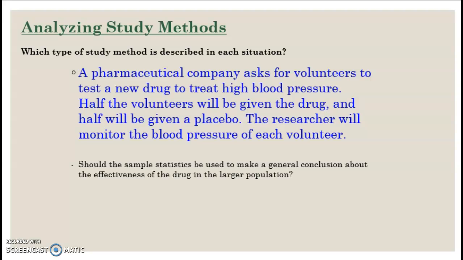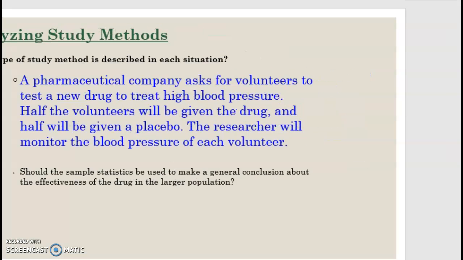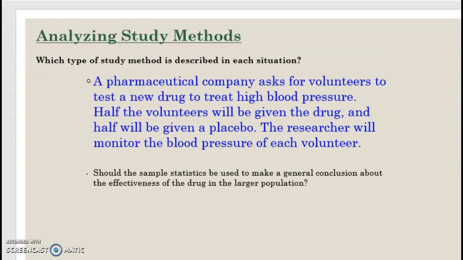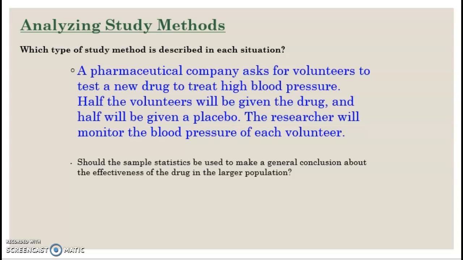Because you asked for volunteers, it's a little bit biased, but you still had to have people with high blood pressure anyway. It's relatively good. You could actually get some statistics from that. That would work.